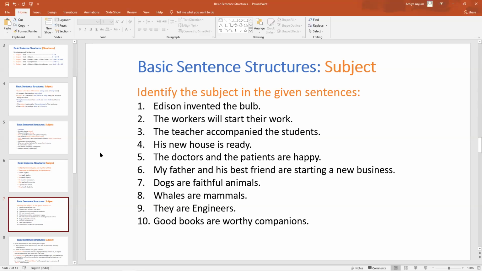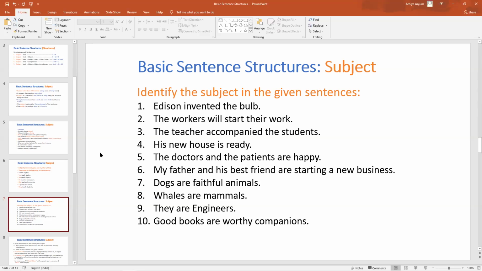So they becomes your subject, right? Is it clear? Then here, good books are worthy companions. What are worthy companions? Books. You're describing more about the books. You're adding something more meaning to it by using good there. But your actual subject will be books. Books are worthy companions.